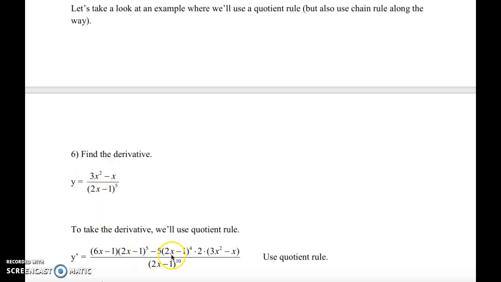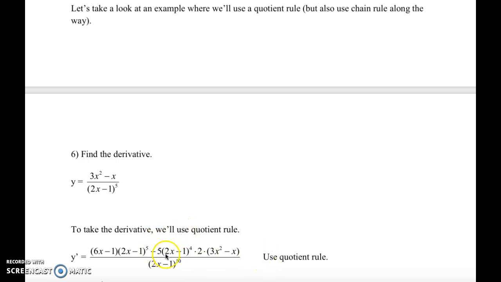And our derivative of g of x is going to be 5 times 2x minus 1 to the 4th power. And then using the chain rule inside of it, we have a times 2 because we have a function within a function. So for our g of x to take the derivative, we had to use the chain rule right here. And then it's going to be over our g of x squared, which will be 2x minus 1 to the 10th.